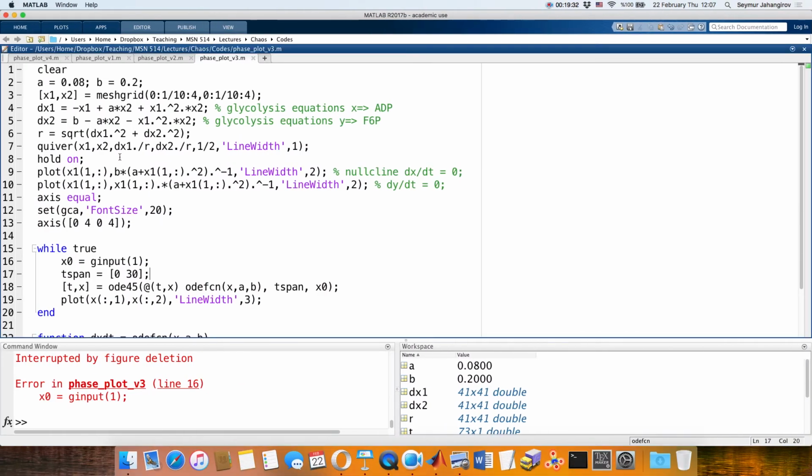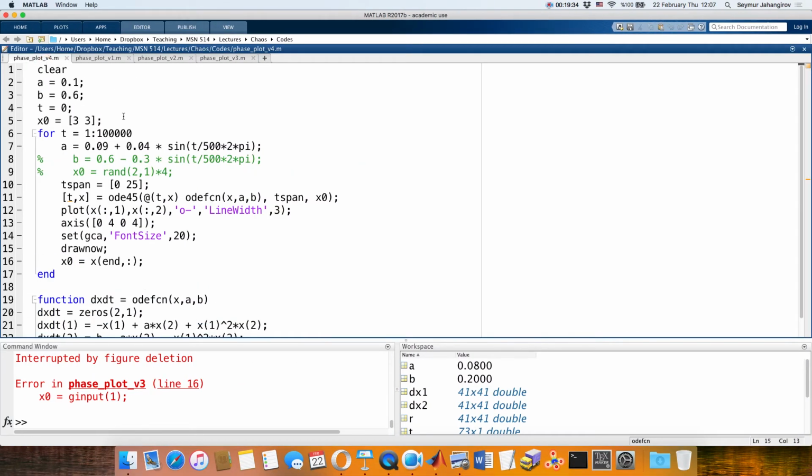So I happen to have a code for that. So let's say A is equal to 0.1 and B goes from 0.3 to 0.9. It oscillates in between, right?